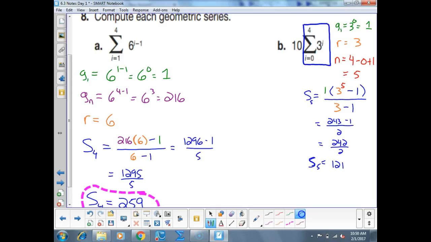But now what do I have to do with that? Add 10? Multiply. When there's no symbol there, what do we do? Multiply.